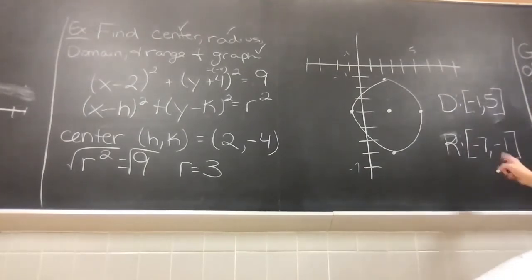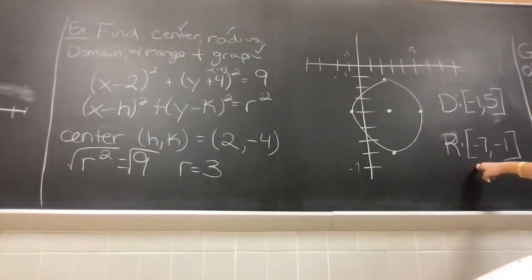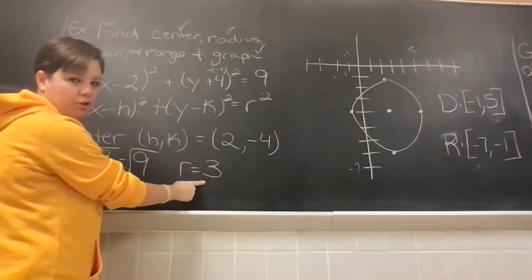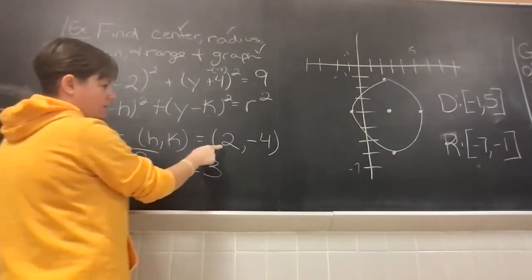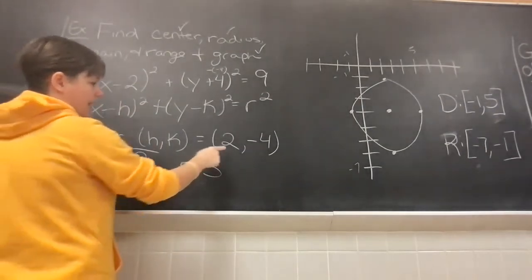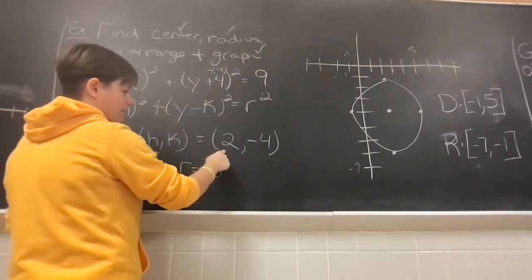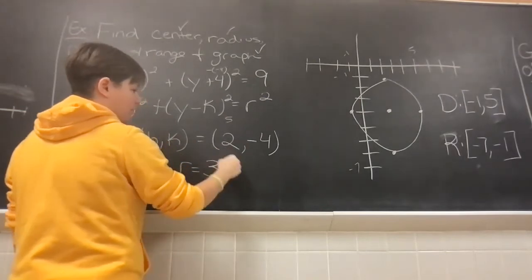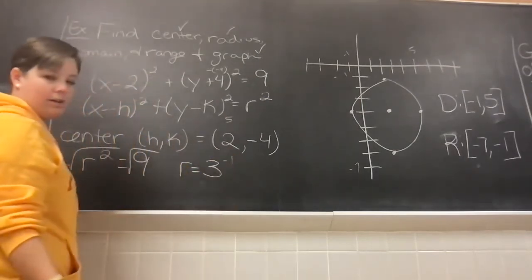You could have figured out your domain and your range before graphing it by simply adding and subtracting your radius to your x value and your y value. Because if we add 3 to our x, we're going to get up to 5. If we subtract 3 from our x, we're going to get down to negative 1.